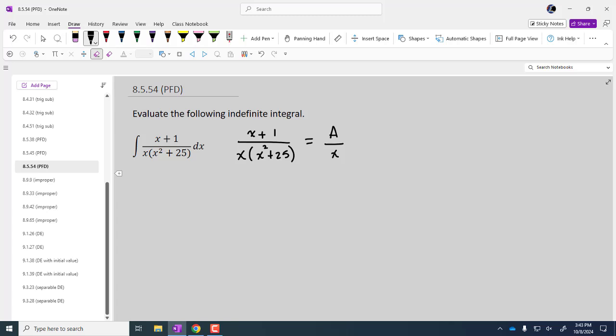If this said x squared in front, it's still linear, and you would have an A over x plus a B over x squared if it was to the power of 2. Okay, and then for an irreducible quadratic, the numerator is always linear. So the numerator is always 1 less in power. So you're creating a proper fraction, the biggest possible numerator that keeps it as a proper fraction. So we put a linear over a quadratic. So there is our decomp right there.